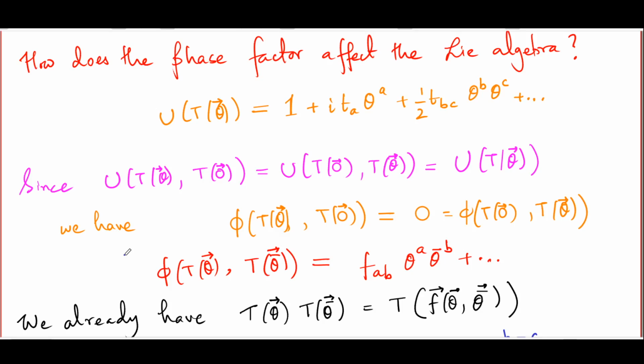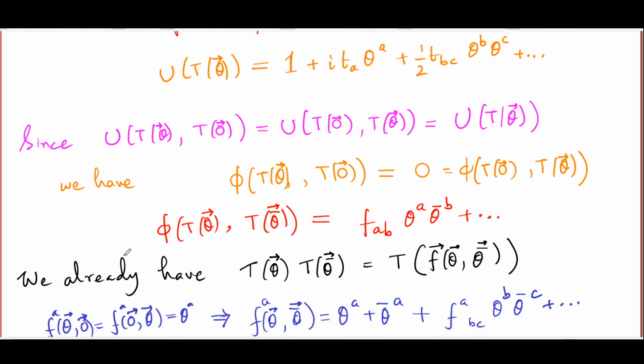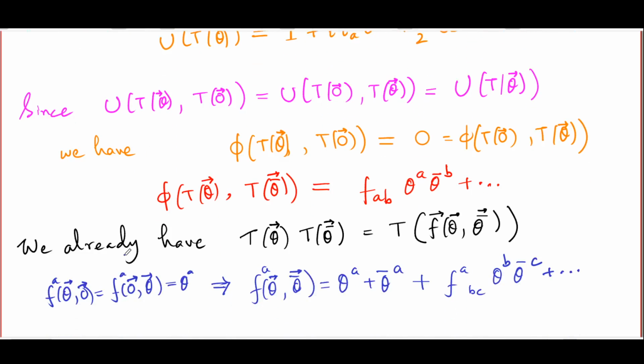Vector valued means simply r components for us. In addition, if you were to replace one of the parameters by the null vector, that is, replace all the components of the vector by 0, then we are actually talking about the identity. And this immediately tells us that f^A of theta vector, 0 vector, is the same as f^A of 0 vector, theta vector. And this must be the A-th component of theta.